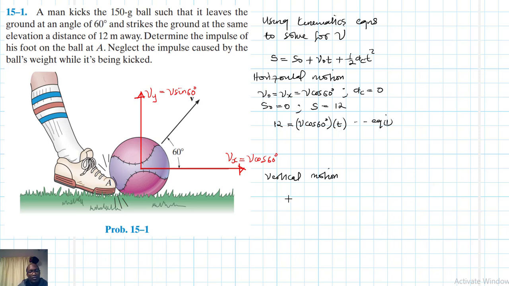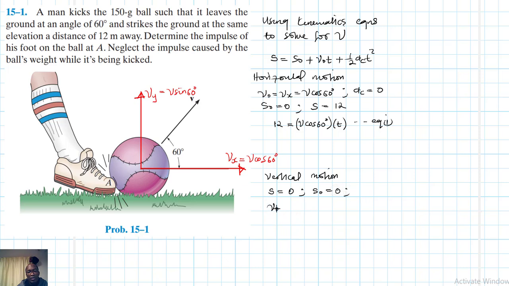So what do we have? Vertical motion, we do have S is equal to 0. Final S is equal to 0. S naught is also equal to 0, this one is our reference.